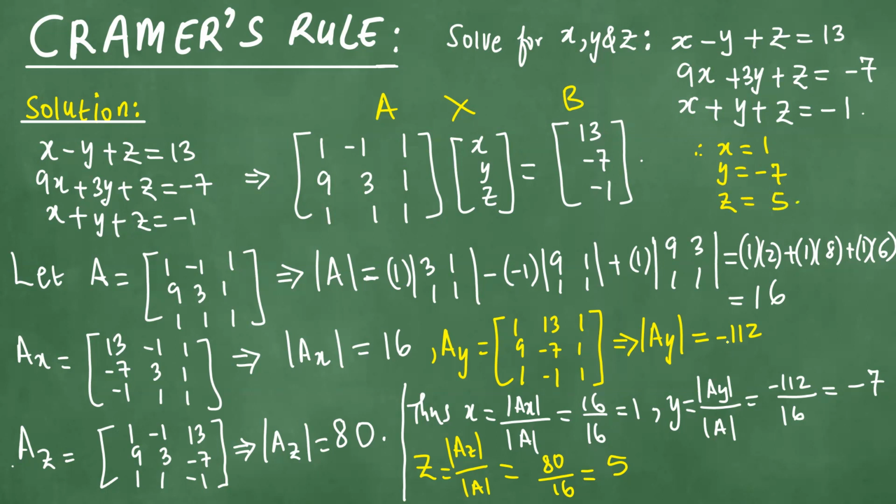Like this. And these are the actual numerical values of X, Y, and Z. And we're done. That was Cramer's rule.